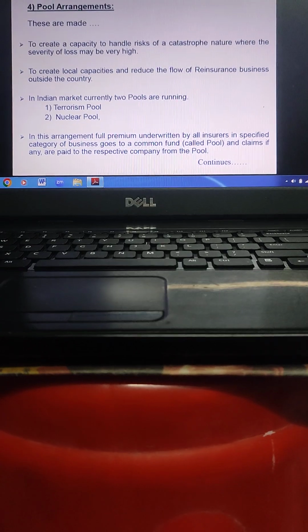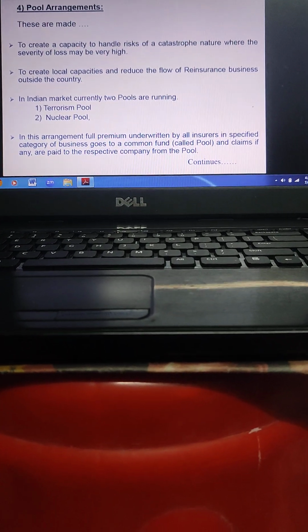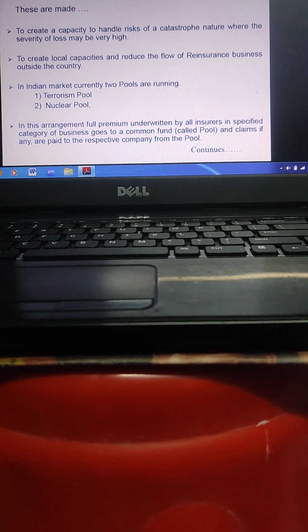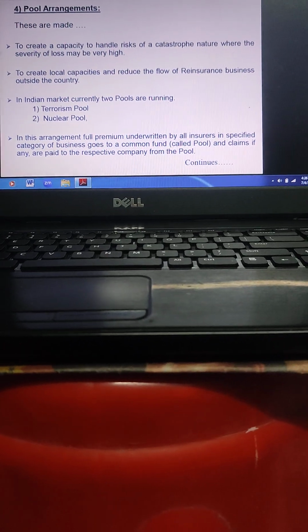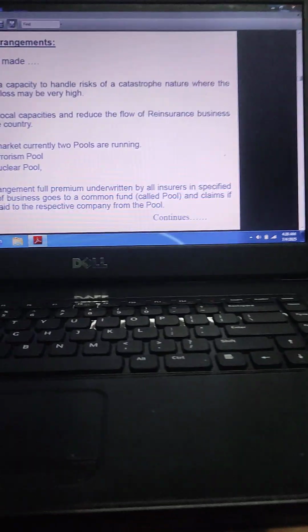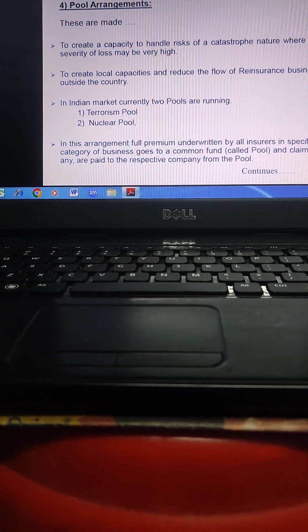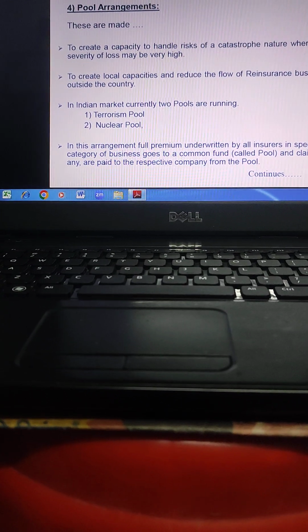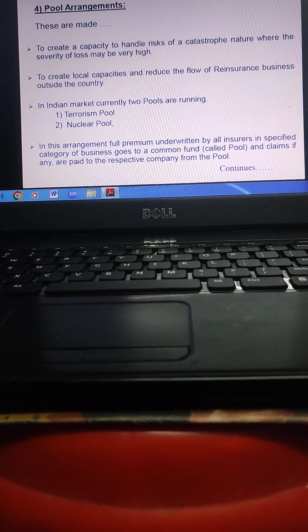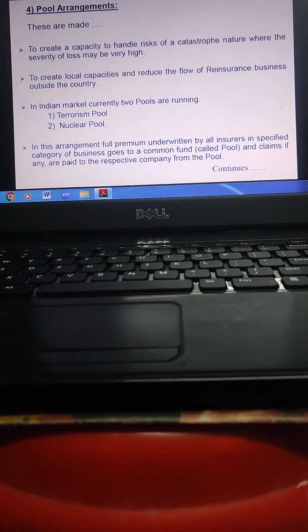In the Indian market, currently two pools are running, the terrorism pool and the nuclear pool. In this arrangement, the premium underwritten by all insurers in a specified category of business goes to a common fund called the pool, and claims, if any, are paid to the respective company from the pool.